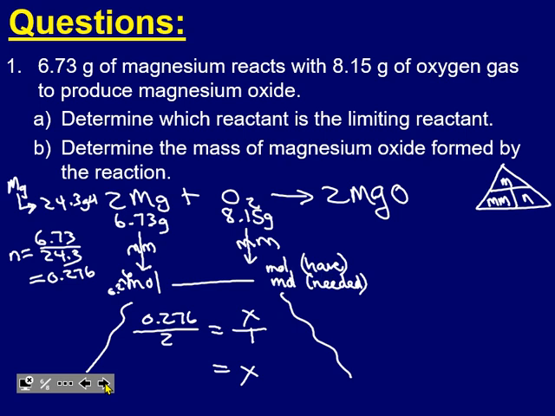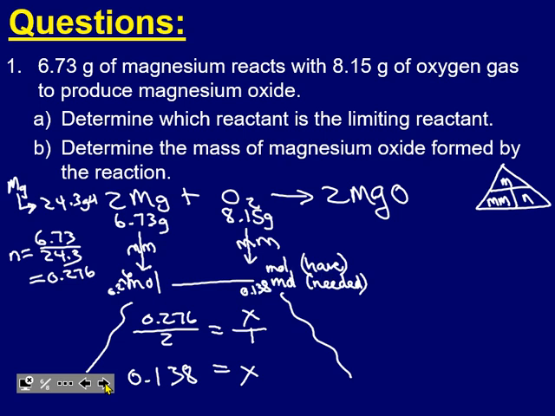Don't clear the calculator. Every time we do a stoichiometry problem, the number you have is going to go into the second calculation. So all you got to do here is press divide by 2, and you've got the next number. So it just builds on the next. What is that? 0.138 moles needed.